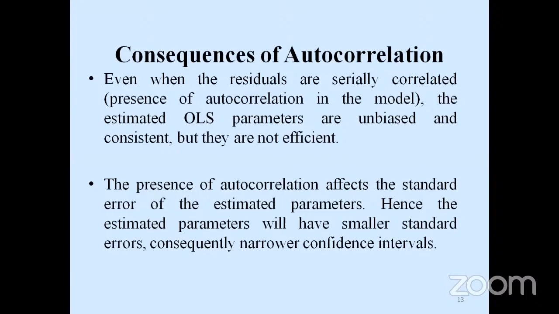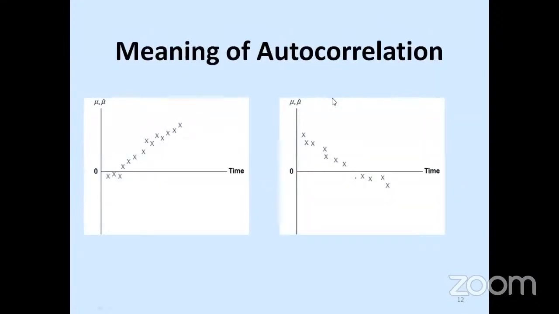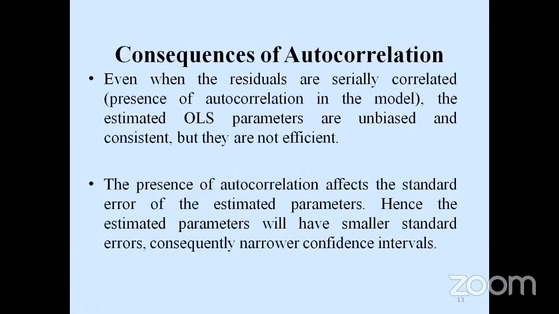Hence, the estimated parameters have smaller standard errors, consequently narrower confidence intervals, which will lead to some kind of problem in the entire model. I mean, the validation and the quality of the model which we generally build.